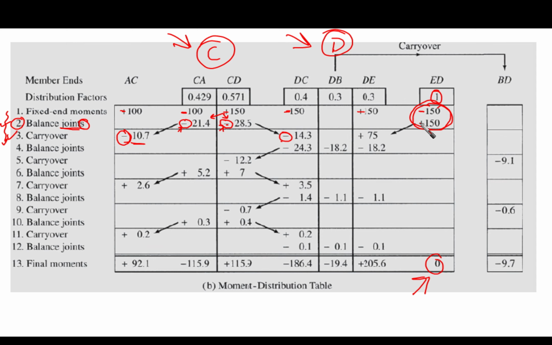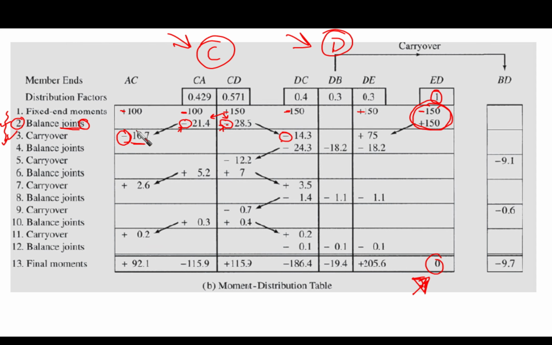So it is going to be plus 150. And then close it. We will not do anything again for this. Do not look at this point again. Until then, we're going to look at 0. So no need to do anything for it. Just balance it once, and then carry over whatever you have balanced the fixed end moments with. Carry over half of it to the other points.